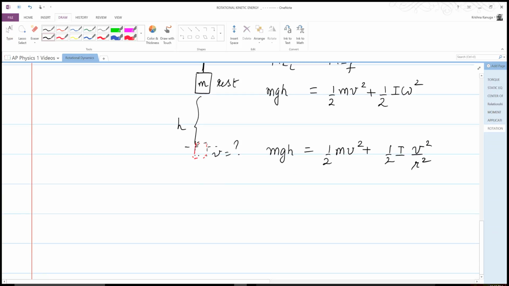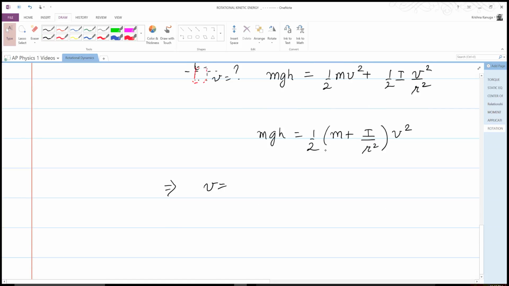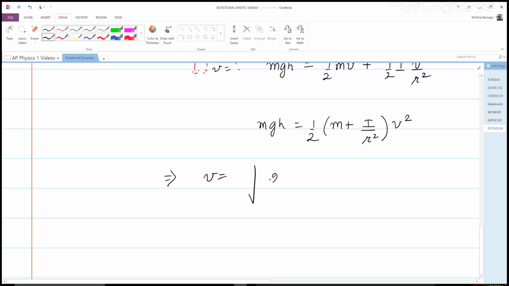At this point I can factor out the half and v squared and rewrite this as mgh equals 1/2 (m plus I over R squared) times v squared. And then after a little bit of basic algebra, we end up getting v equals the square root of 2mgh over (m plus I over R squared).